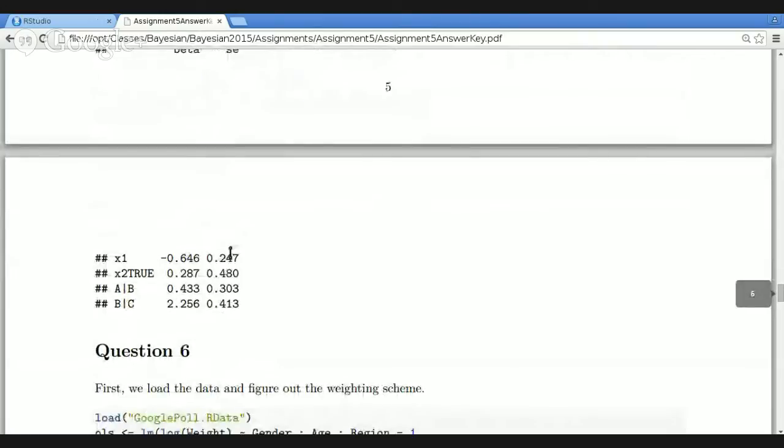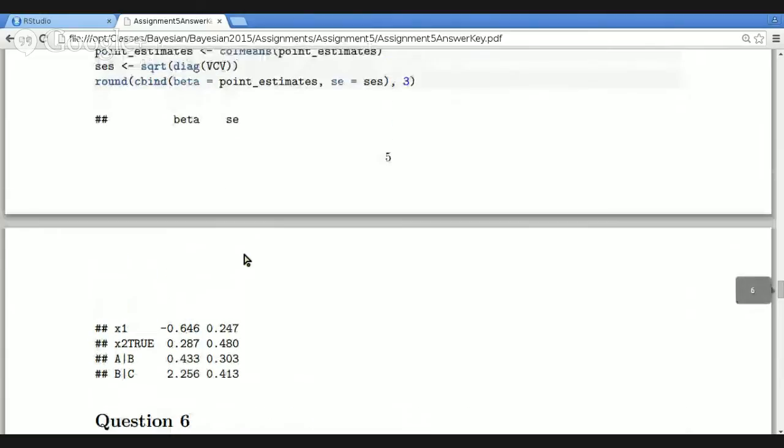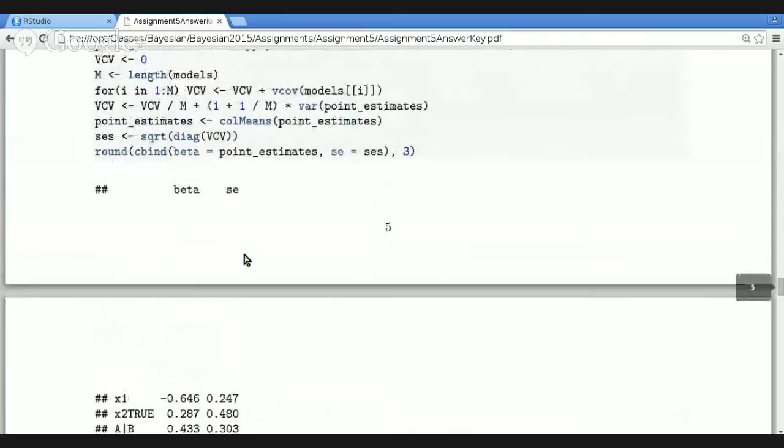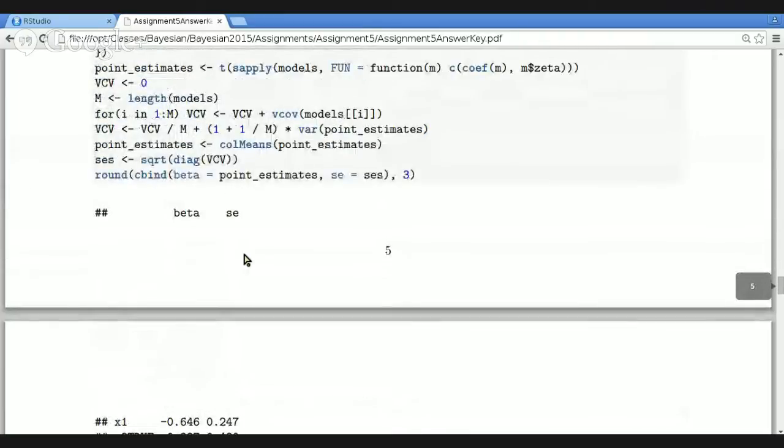In this case, only X1 is the coefficient that is estimated very precisely, but that was just me. Your data set may have had different coefficients and standard errors, but you should ultimately get those using the same code.